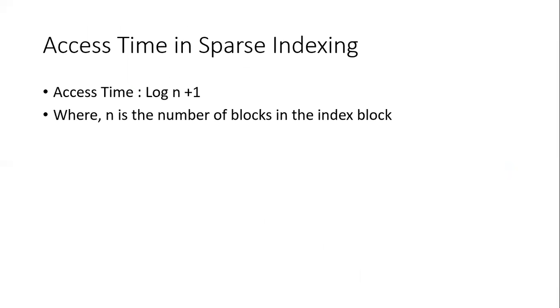But here the value of n will be smaller than the number of index blocks in dense indexing, because here in the index file, corresponding to a set of records, there is a single entry, but in the dense indexing, corresponding to every record there is an entry in the index file.